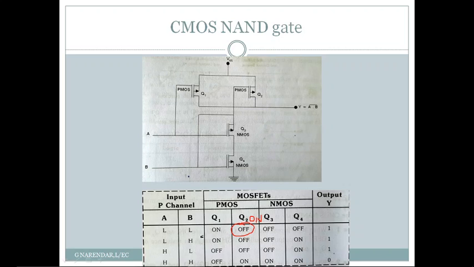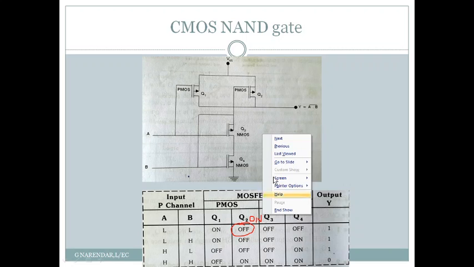So both Q1 is on and Q2 is also on. Both Q1 and Q2 are on.